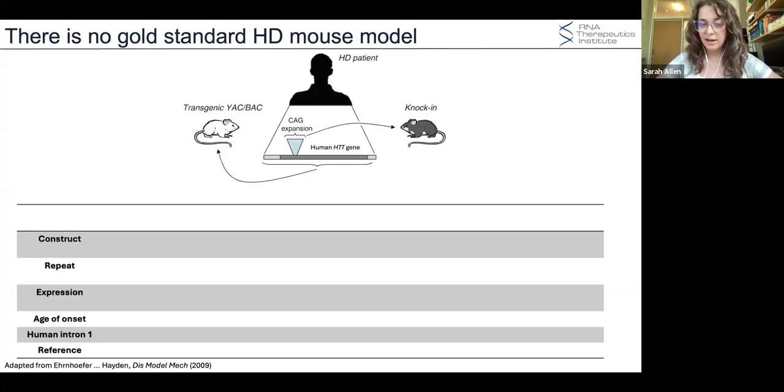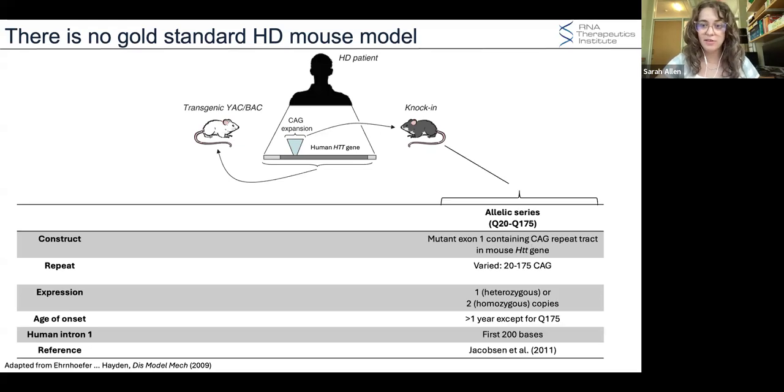So in order to study Huntington's disease, we have a few different mouse models. There's no one particular mouse model that recapitulates every single phenotype of the disease, and therefore there's no gold standard Huntington mouse model. One of the mouse models that's most widely used is these knock-in models termed the Q series.